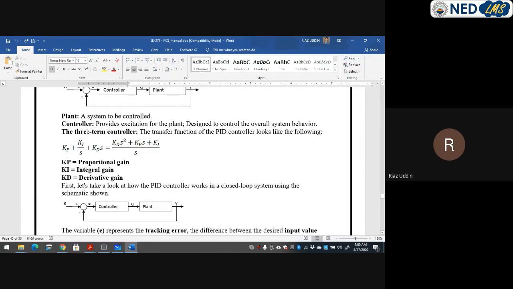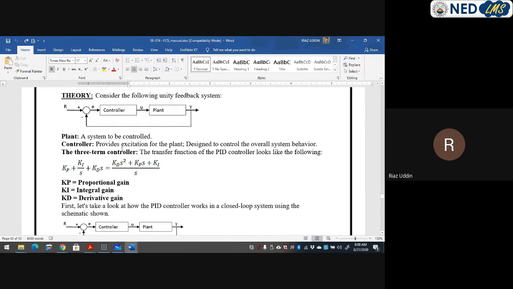KP is the proportional gain: the input and the output value from the sensor are subtracted in this comparator and multiplied by this gain to provide a control action, so that you can produce a desired response. The same goes for the integral and derivative controls.